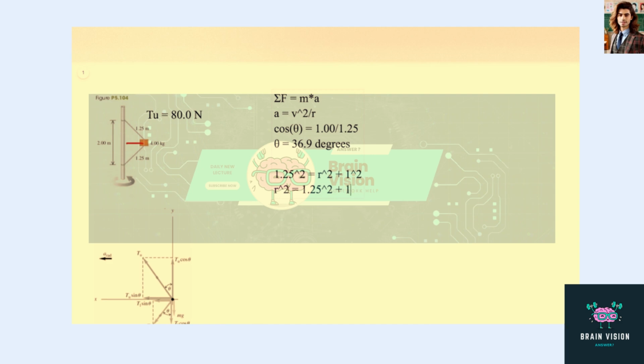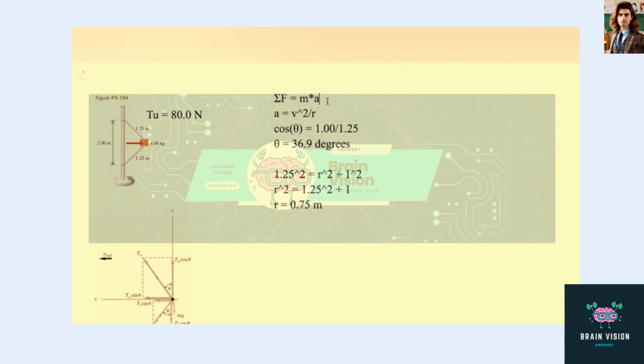Then we take the square root of both sides to solve for r, which gives us r equals 0.75 meters. So we now have our angle, we now have r, and now we're ready to start plugging into our equation up here.